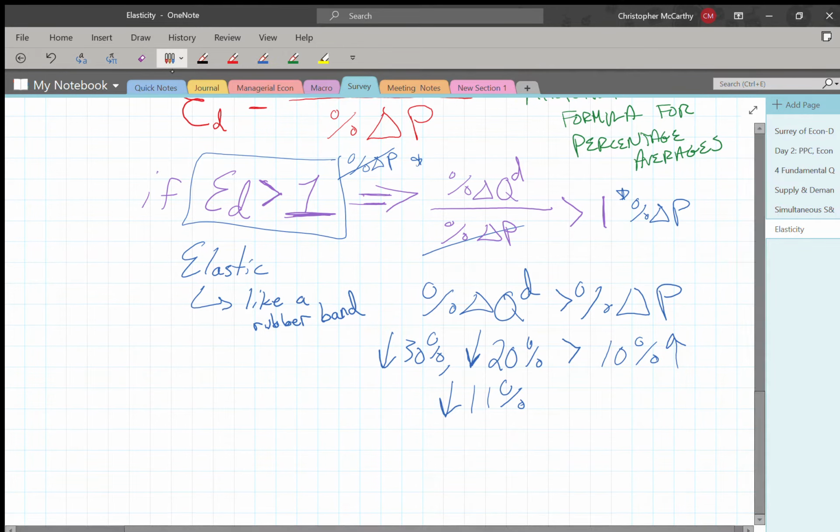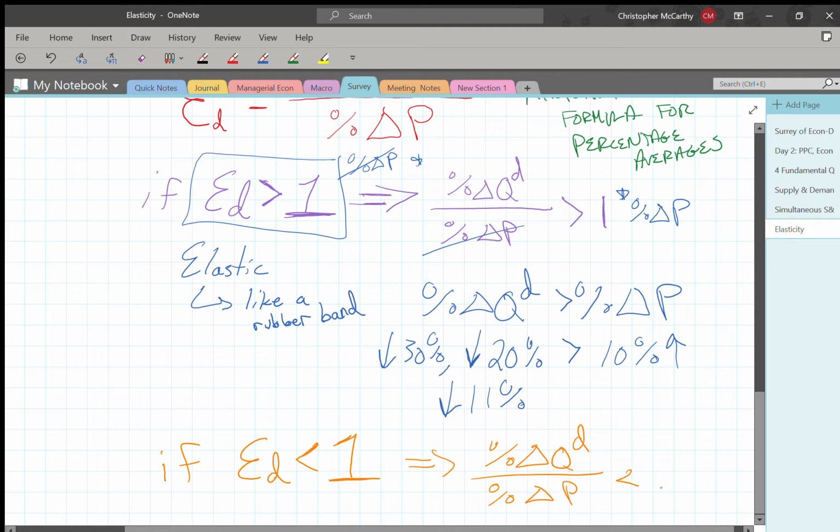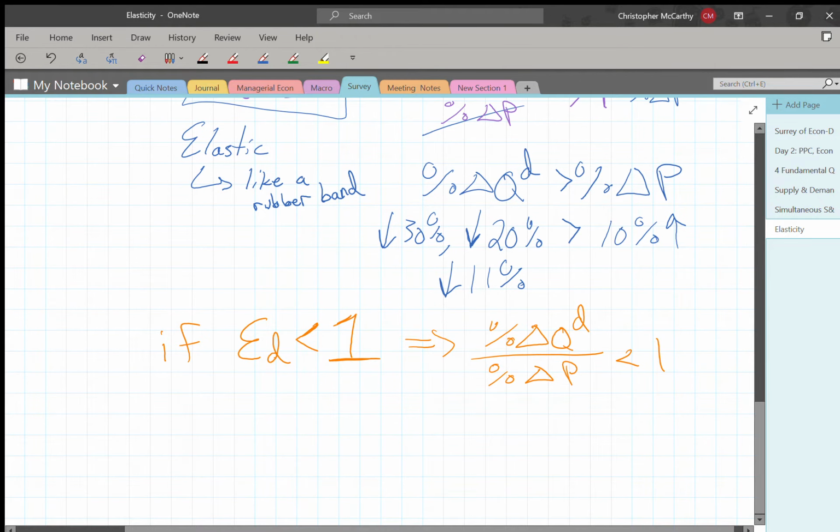Now compare this to a situation where the elasticity of demand is less than 1. Once again, we unpack it and say, well, the percentage change in the quantity demanded over the percentage change in the price is less than 1. I can also do my little loop-de-loop here. I can say 1 over 1, and then multiply across.